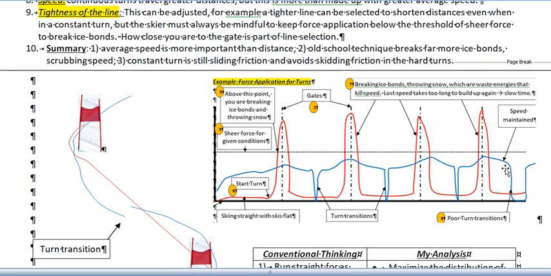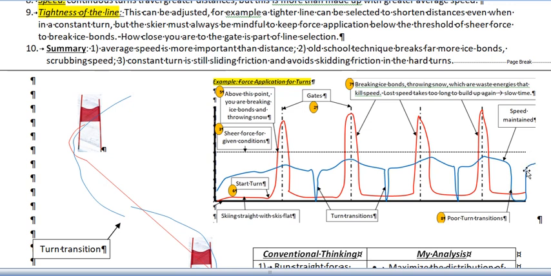Now here's a worse turn. Let's say you get too much air and you're floating in the air and you got to wait until you come down and apply force. Well, this is a poor transition because you're not maximizing the application of force, right? And usually what happens if you get air time, when you hit this, actually that causes an impulse. When you come down, boom, you get a spike of force there.